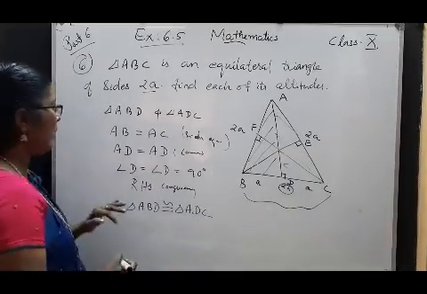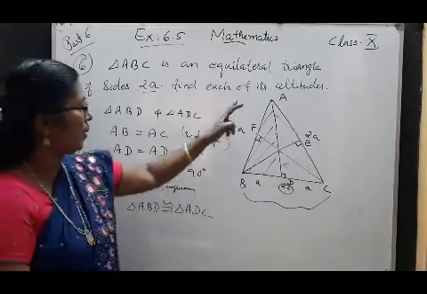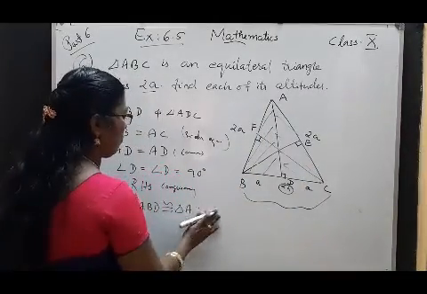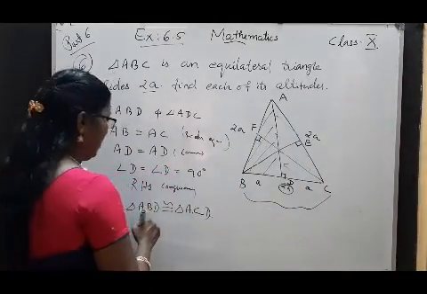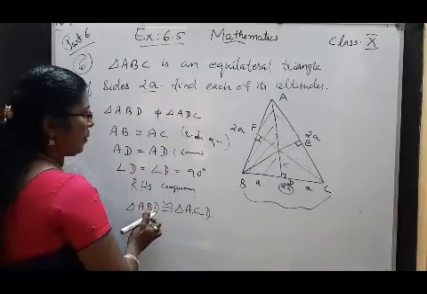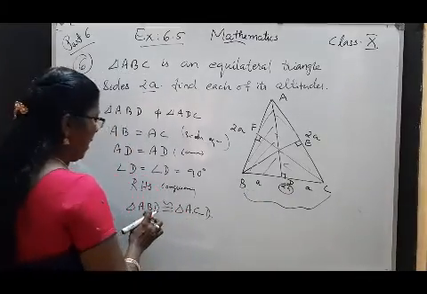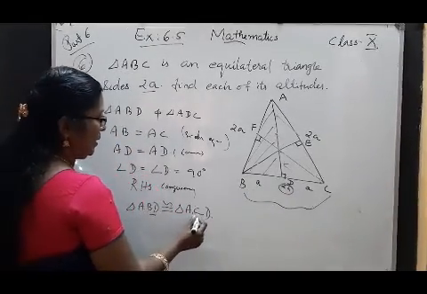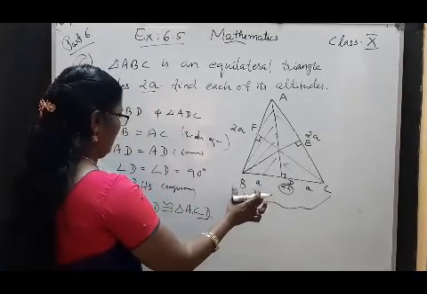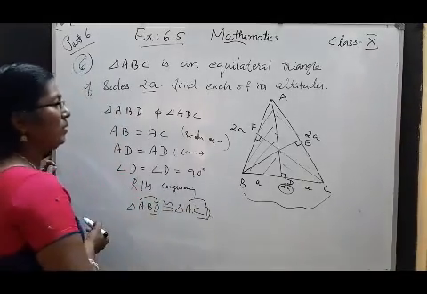Okay. Triangle ABD is congruent to triangle ACD, the order being ACD. AB and AC are the same, angle D is common, BD and CD are equal, and AD is common.